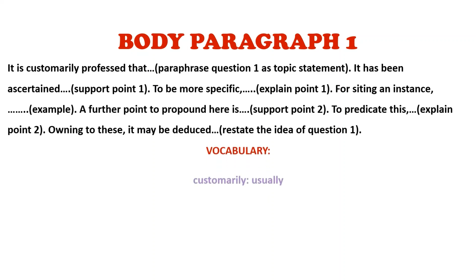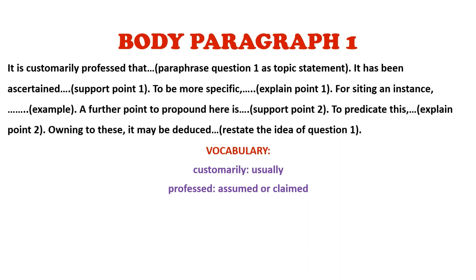What is the meaning of customarily? Usually. Professed means assumed or claimed. So, it is customarily professed that, and then paraphrase the question: it is customarily professed that there are numerous ways in which computers will definitely have a variation in the near future, something like that. So you have to paraphrase question 1 again.